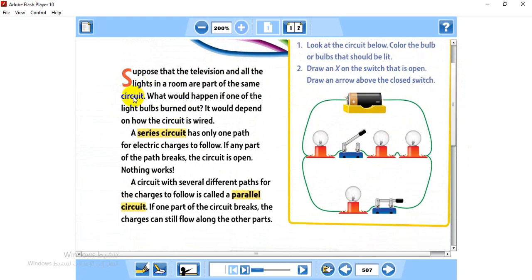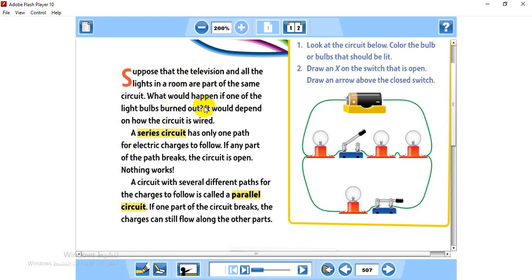If the television and all the lights in your room depend on only one circuit, a series circuit, what will happen to them if one of the lights burns out? All the lights will go out, and the television will not work anymore, because they depend on a series circuit.